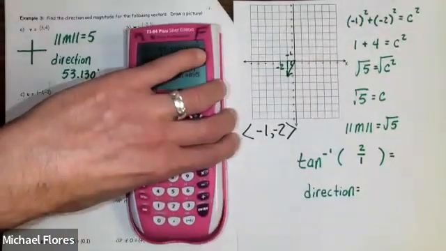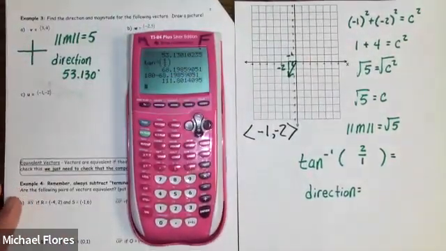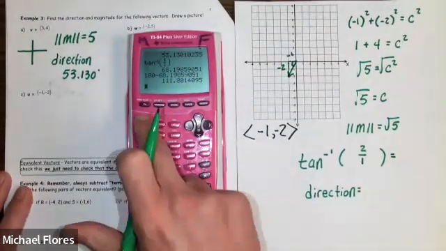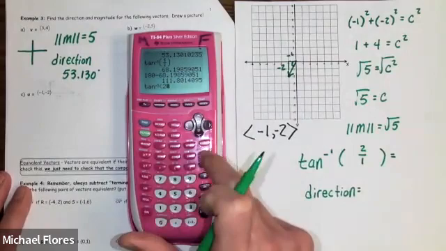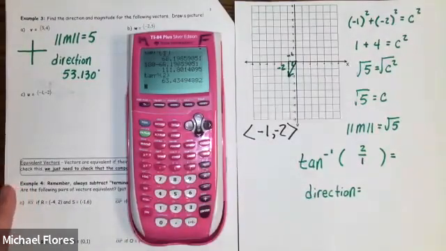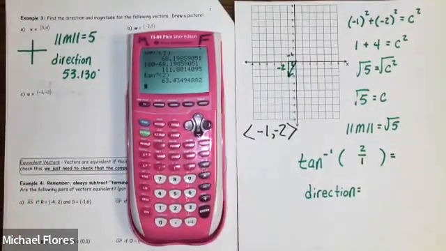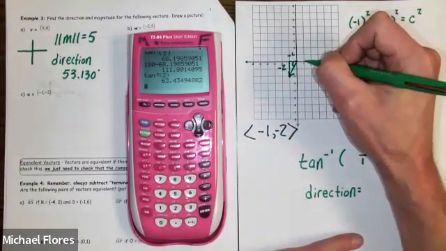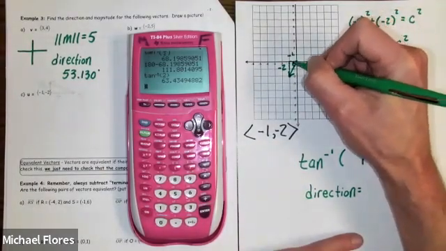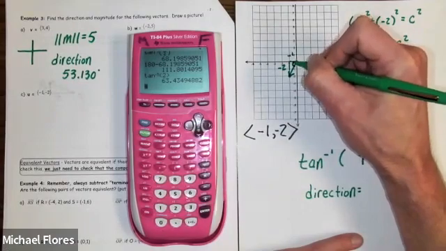At least it'll help us find the direction because we are not in quadrant 1, we're in quadrant 3. Okay, second tangent, 2 over 1 or just 2. And we have 63.434 degrees. Now remember, we are not in quadrant 1, so that's not our answer. We need the answer in relation to our positive x-axis. So this is not really the answer to our problem here.